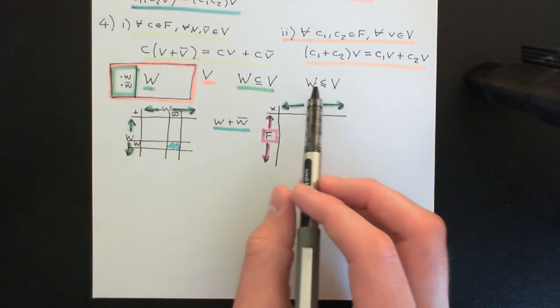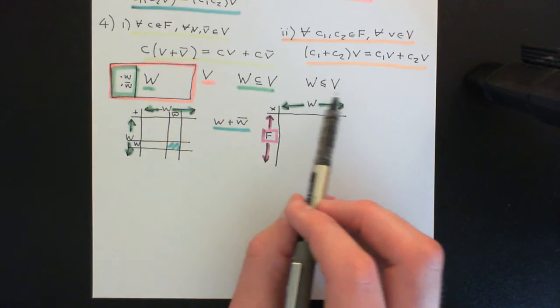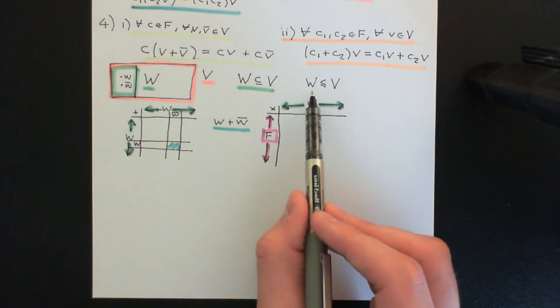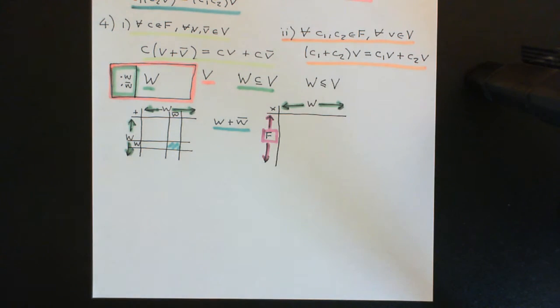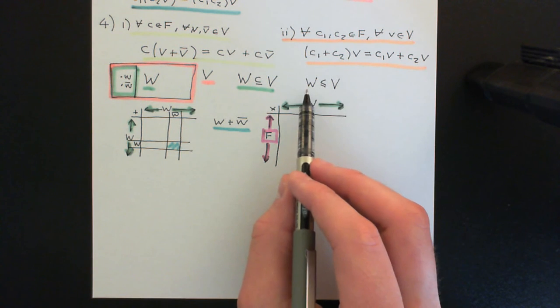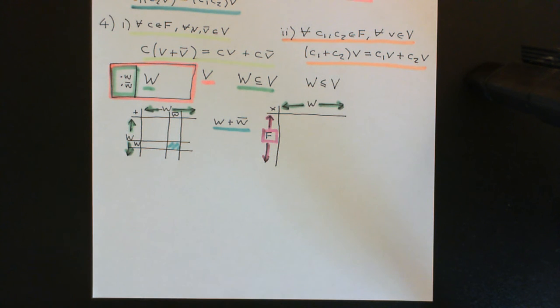Now, there's a little bit of controversy around this. You will have trouble finding a textbook actually writing this. Okay, this is the notation that everyone uses for W is a subspace of V. However, no one actually writes it in textbooks.